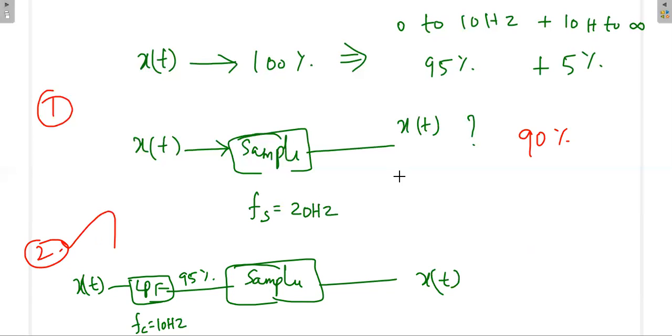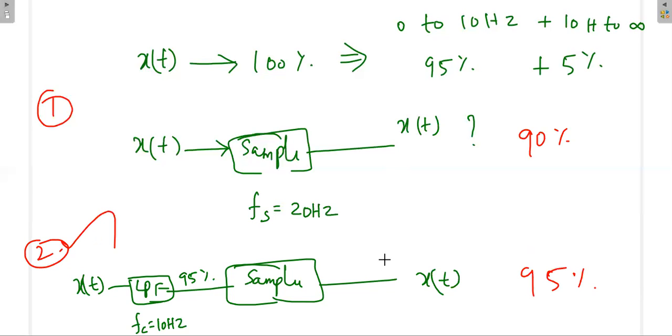If you do not apply the sampling theorem properly, distortion will happen, and we cannot recover the original shape of the signal properly. We may lose more than 10% of the signal here, but in the second case we are following the sampling theorem properly, so we can get this 95% of the information directly and very easily.